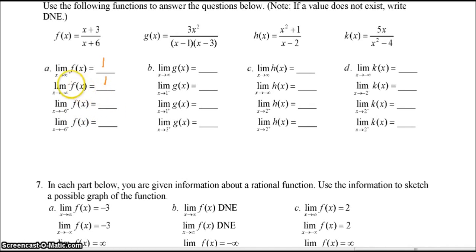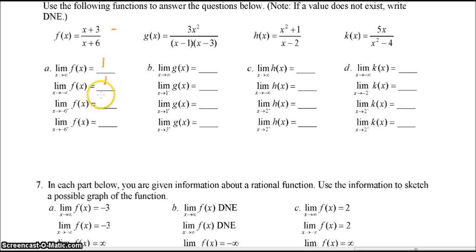Think about if we go to 6 from the left, like we'll have negative 7. Just try negative 7. Negative 7 plus 3 is negative 4 over negative 1 is positive 4. So as we approach 6 from the left, we're positive.